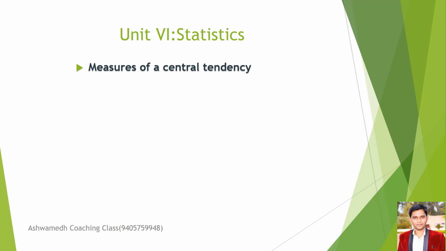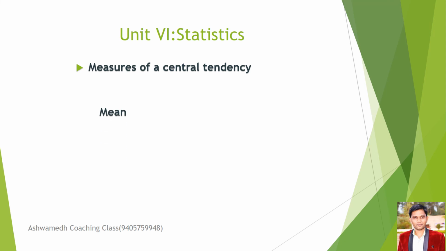The average height is near about 5.5, so all the observations cluster near about 5.5, isn't it? So this is the central tendency. Any observations clustering around some specific observation, that property is called central tendency.